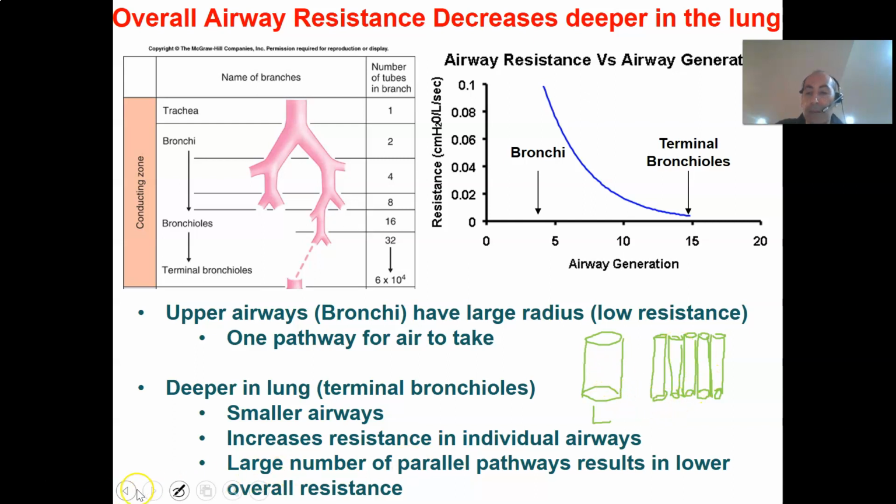But if you're only comparing one vessel, one tube, large versus small diameter, the larger one has a lower resistance.